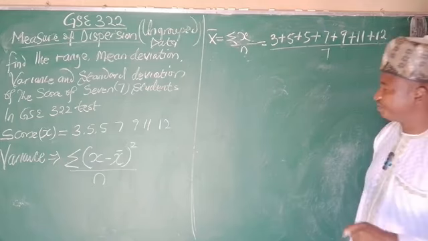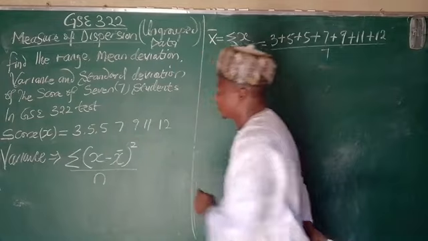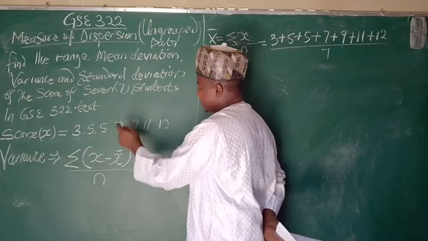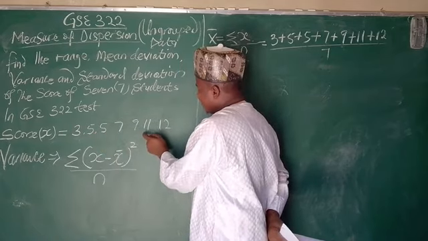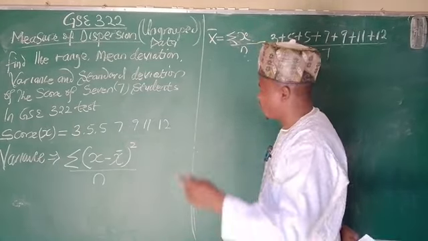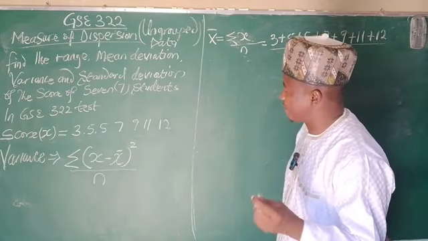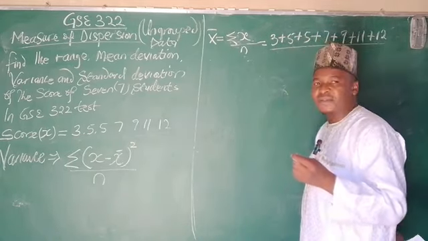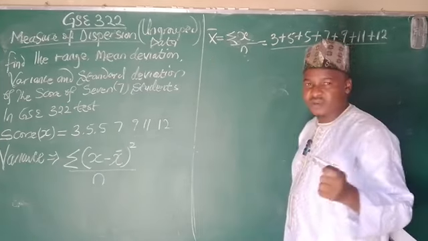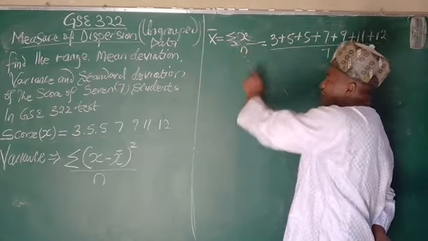So now, as usual, we have to find the mean of this data, which is 3, 5, 5, 7, 9, 11, 12. As we said earlier, the formula for the mean is x bar, which stands for the mean, equal to summation of x all over n.